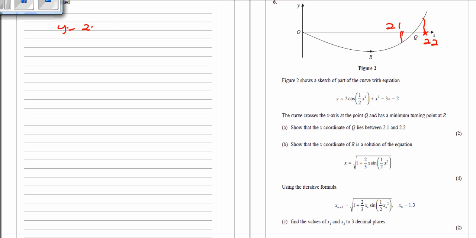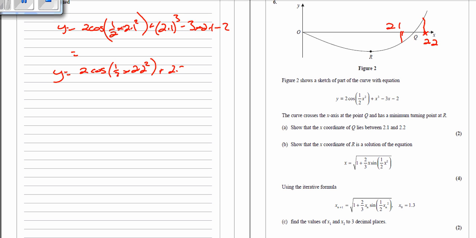So 2 cos of the half of 2.1 squared plus 2.1 cubed minus 3 times 2.1 minus 2. That equals that. Then you do the same for 2 cos half of 2.2 squared plus 2.2 cubed minus 3 lots of 2.2 minus 2.